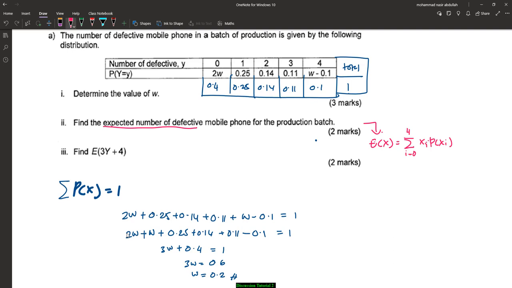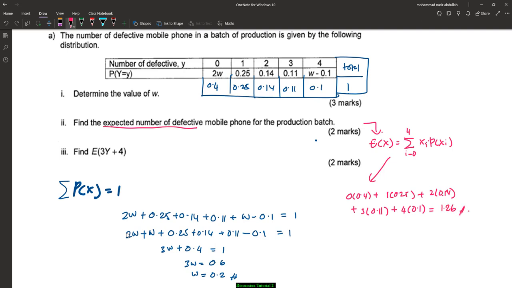So here it should be 0 multiplied with 0.4 plus 1 multiplied with 0.25 plus 2 multiplied with 0.14 plus 3 multiplied with 0.11 plus 4 multiplied with 0.1.